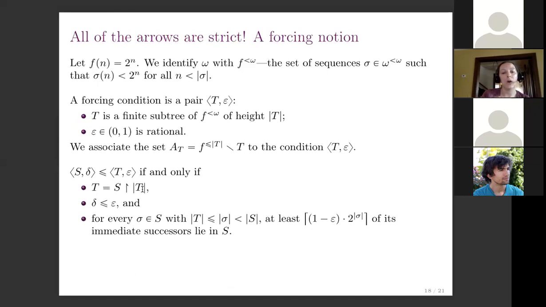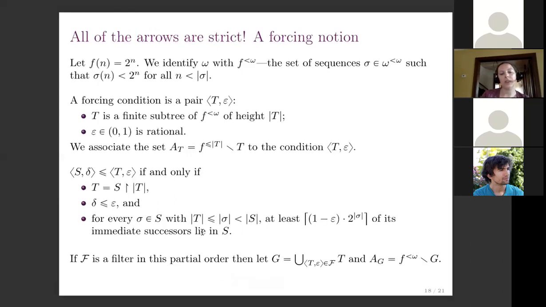On the branches where S was not determined because it has to extend T, we could cut off a few, right? We were not forced to extend in all possible directions, but we're forced to extend in at least a 1 minus epsilon proportion of the immediate successors. So we're not allowed to trim the tree too much.